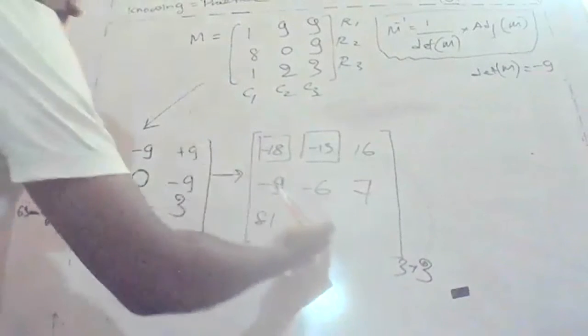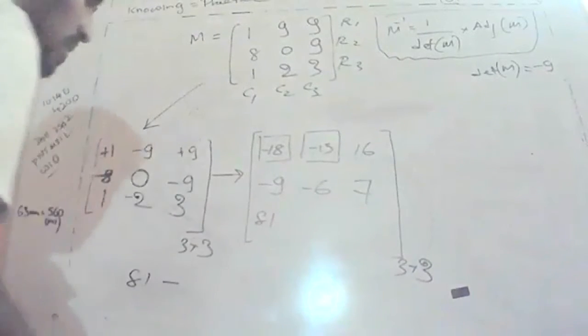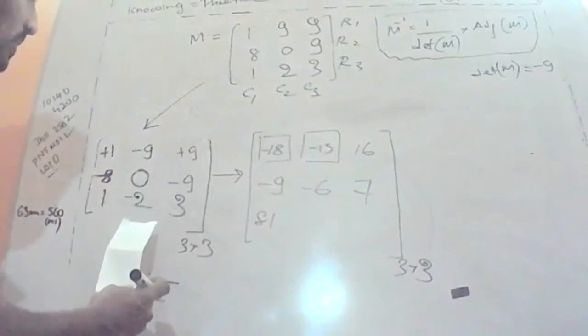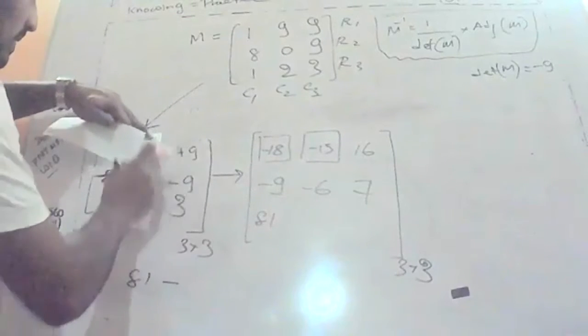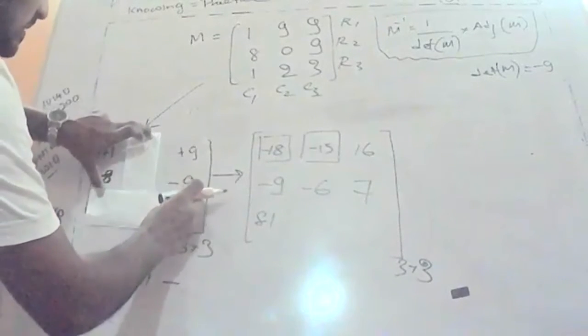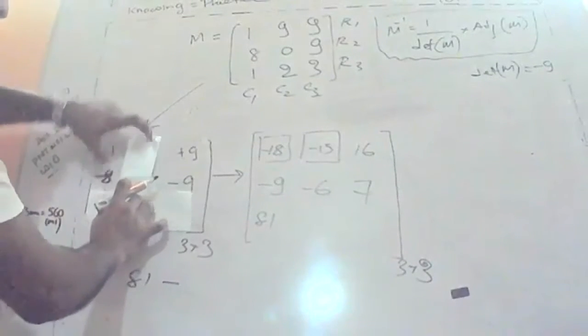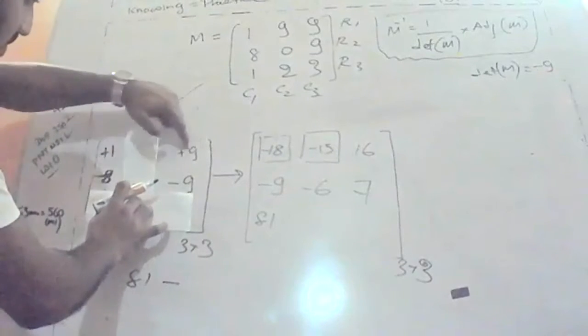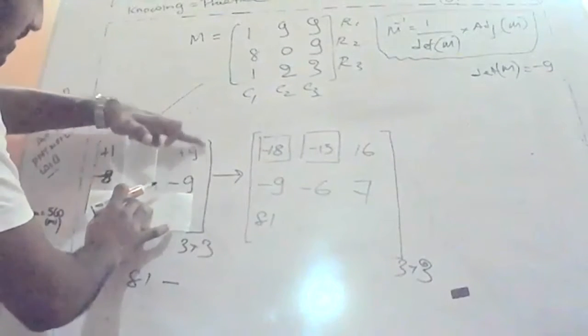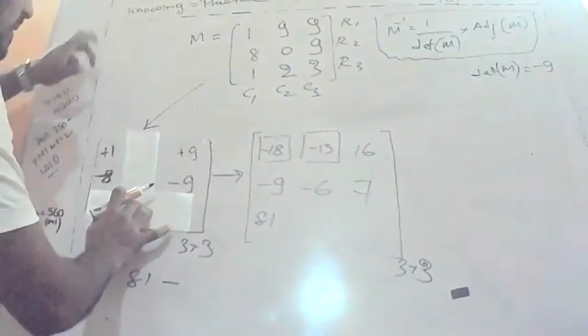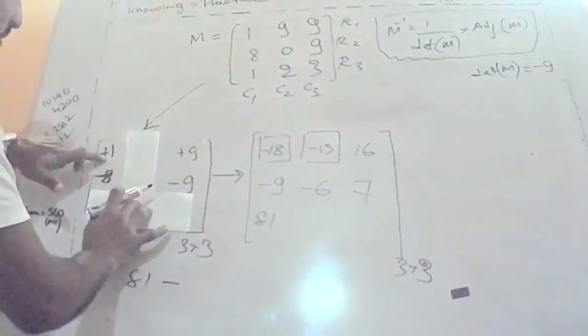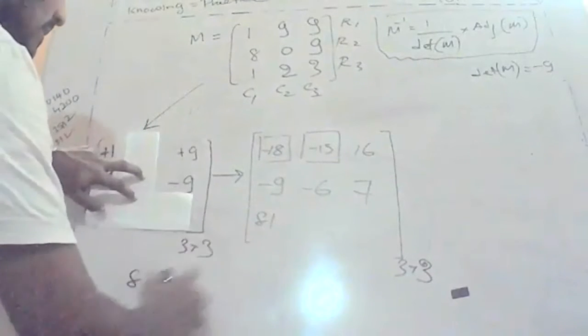Okay, the next element, this one. Cover the column according to that, this one, and cover the row according to that, that is this one. So what would you be having? This is the square that we have to consider. Then this into this, positive 1 into minus 9 is minus 9.